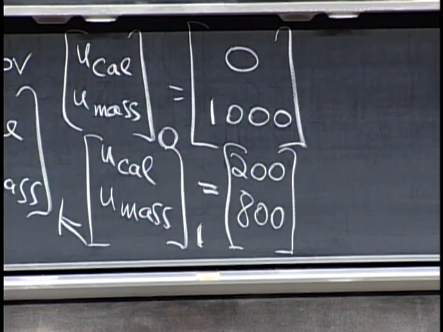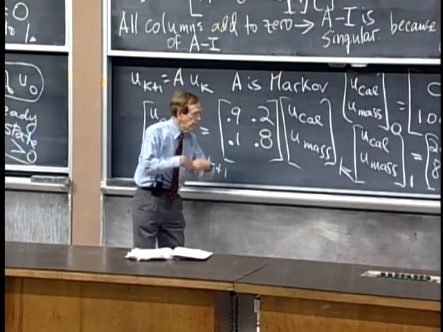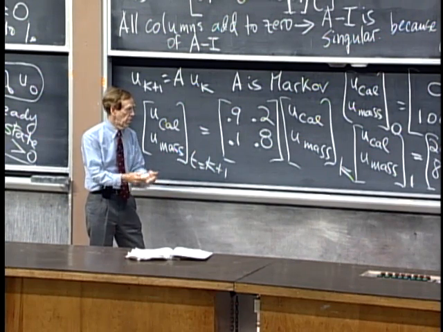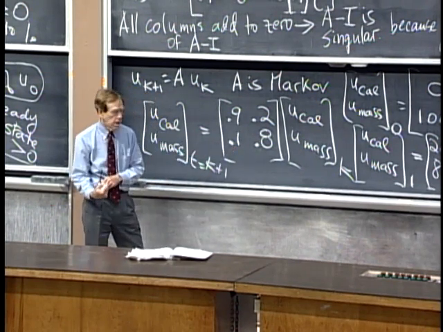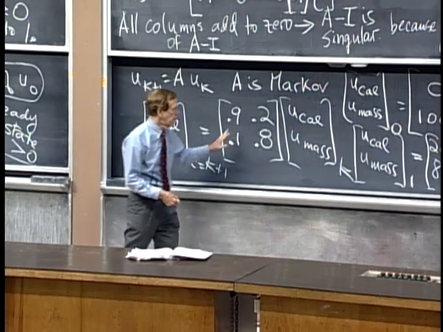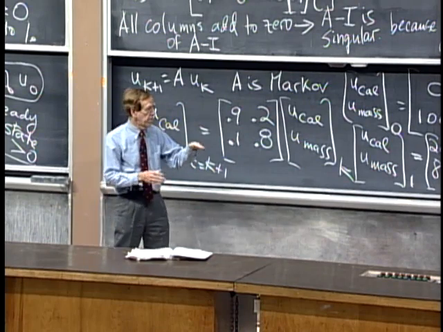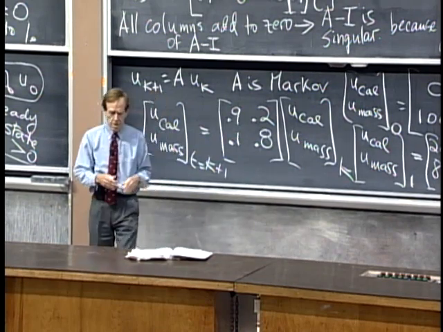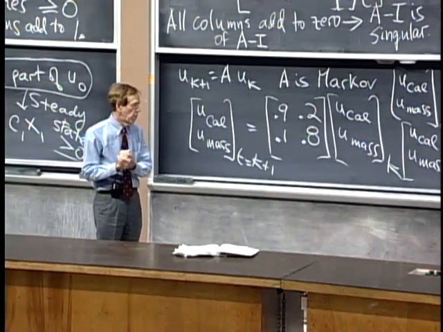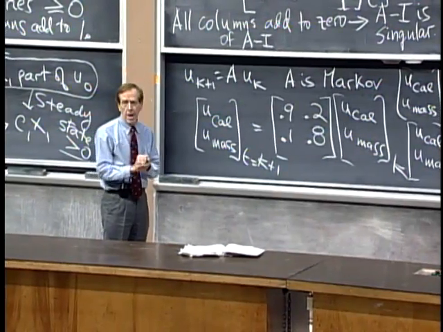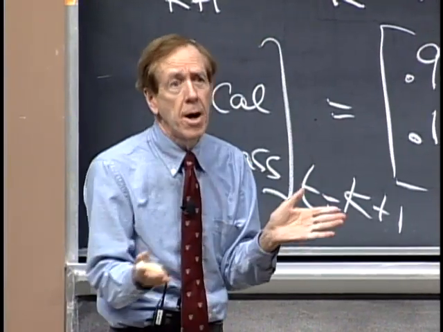Now at the following step, I'll multiply again by this matrix. More people will move to California. Some people will move back. 20 people will come back, and the net result will be that the California population will be above 200 and the Massachusetts below 800, and they'll still add up to 1,000. Okay, I do that a few times. I do that 100 times.